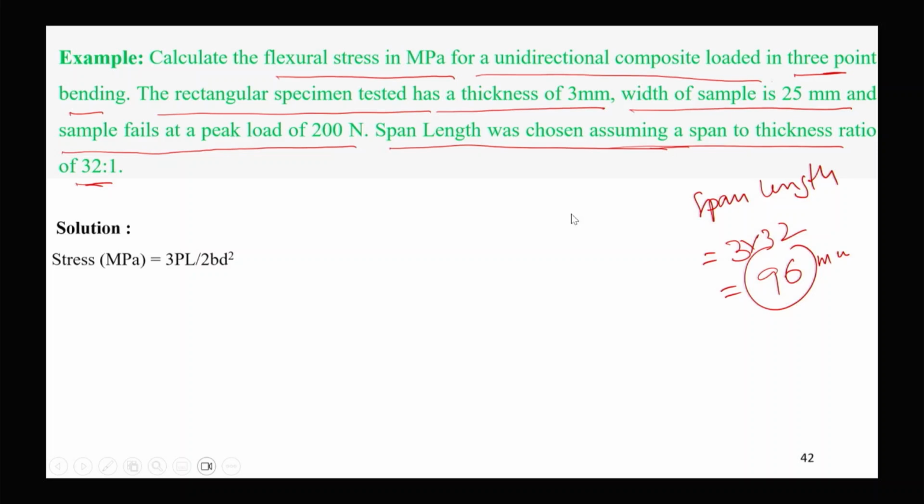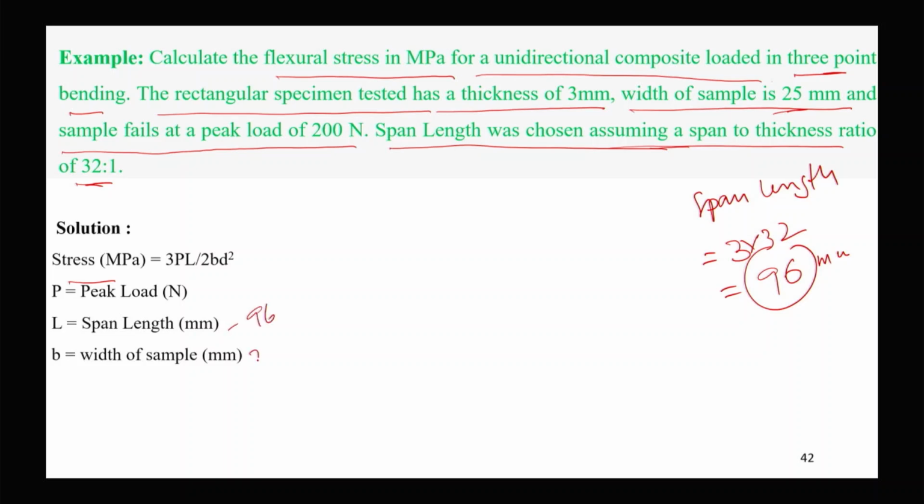There the relationship is given: stress in megapascal equals 3PL divided by 2BD square, where P is the peak load, L is the span length, which is 96 millimeters, B is the width of the sample, 25 millimeter, and D is the thickness, 3 millimeter.